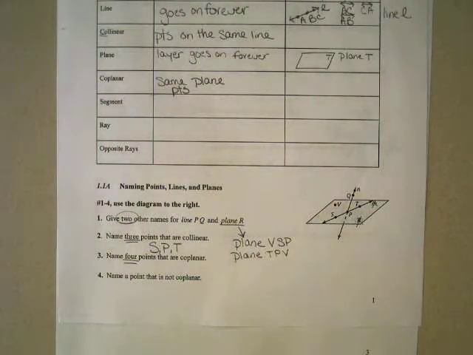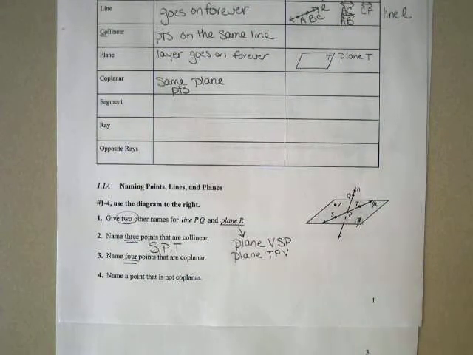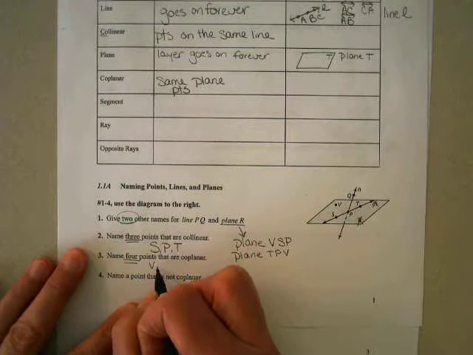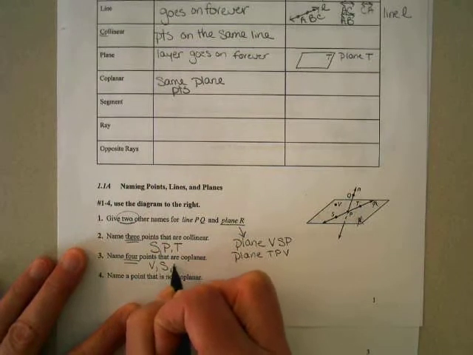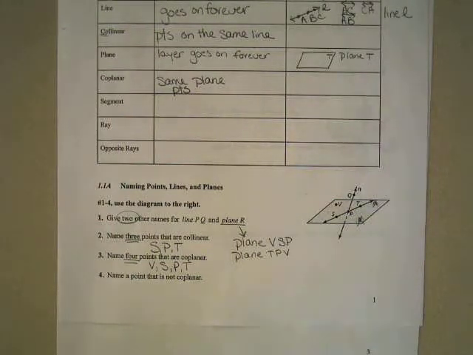So you have to pick 4 dots within this parallelogram. You can put them in whatever order you want. I'll put V, S, P, T. You do not have to put them in alphabetical order. It's actually most common to pick one and then go clockwise or counterclockwise through the picture, versus seeing them alphabetically. How are you feeling so far?